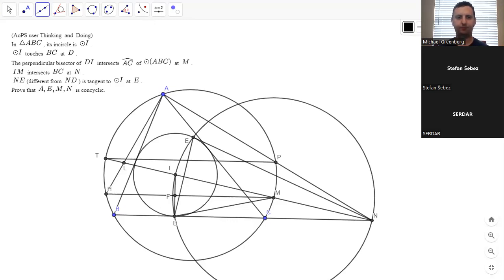Okay. Yeah, I wanted to use the isogonal line lemma, but I don't see an obvious way. We know that MN passes through I, so maybe that would help.